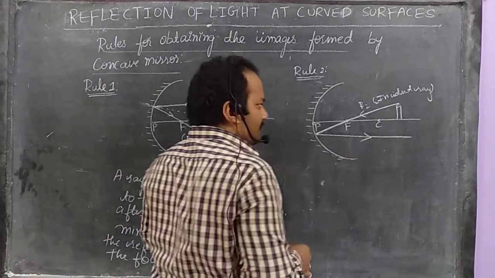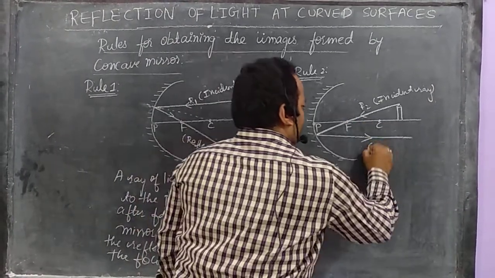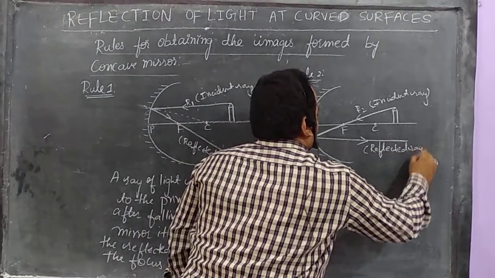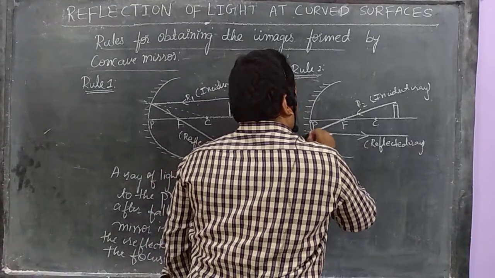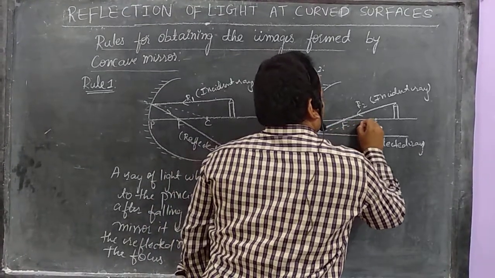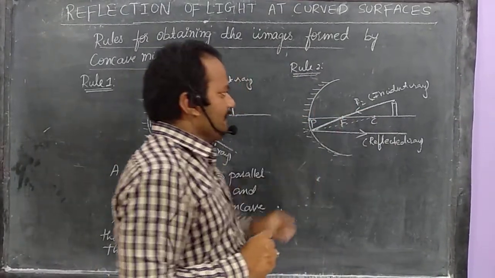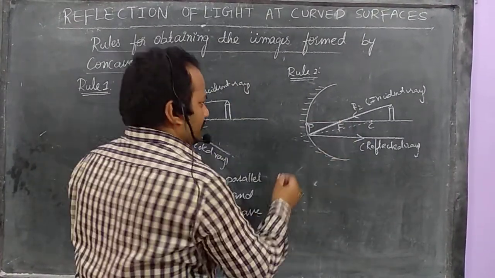So what is the role of the center of curvature once again? This acts as a normal here once again, in between the incident ray and the reflected ray. So let us take the help of the normal. I draw this dotted line. This is your center of curvature in between the incident ray and the reflected ray.